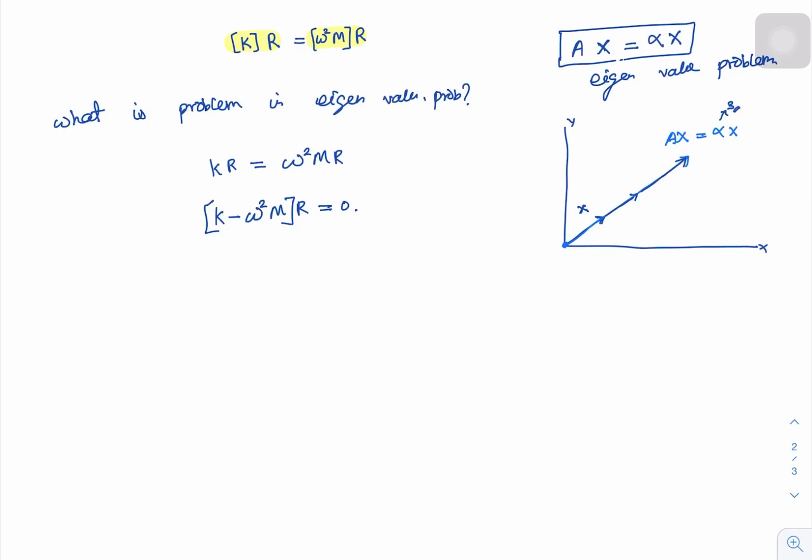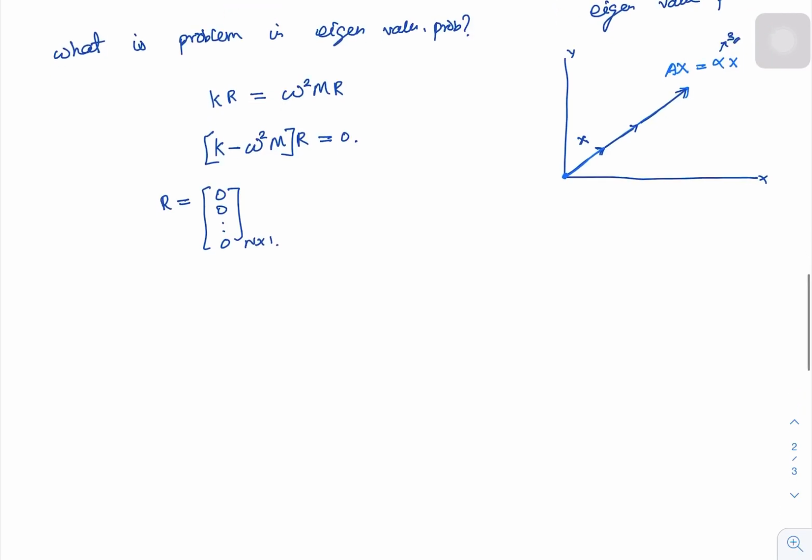To satisfy this condition, we can say r will be 0, 0, 0. So if you use this, for any value of omega square, r will be a null matrix, then this one will be satisfied.